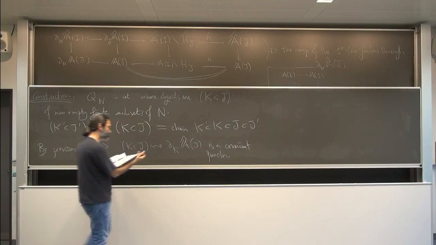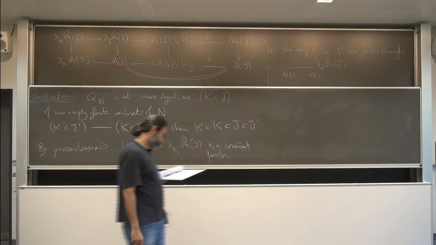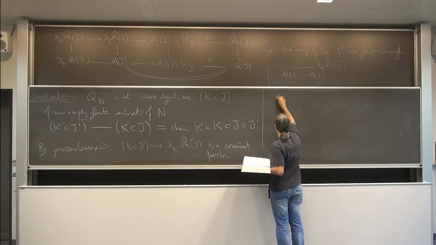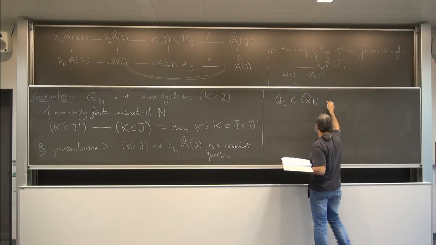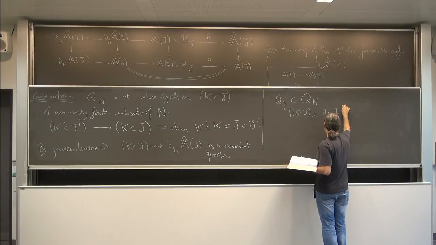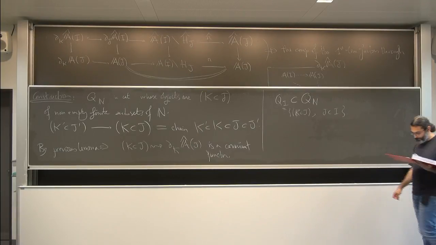So in this way we get a diagram of pro schemes. I'll also denote by Qi the full subcategory consisting of objects like this, such that G is inside I.